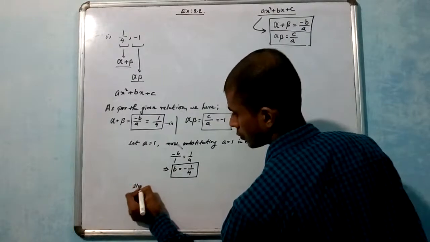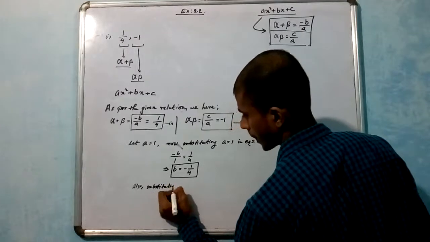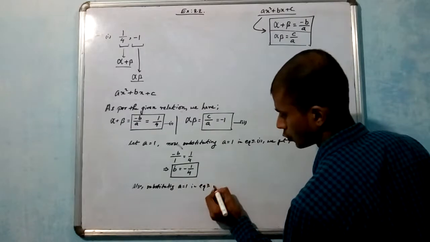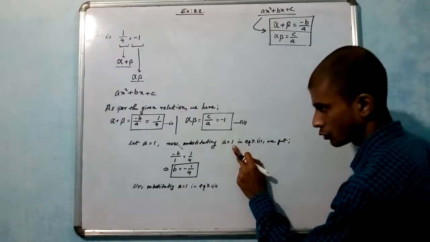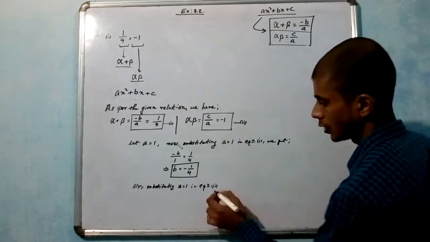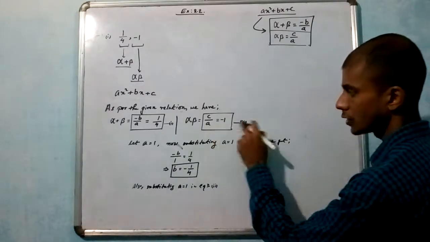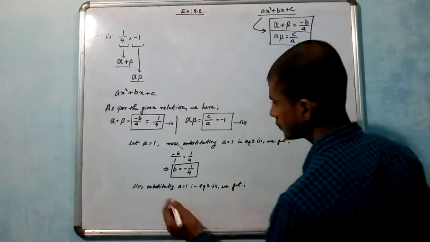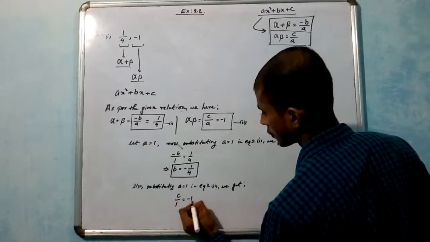Also substituting a is equal to 1 in equation 2. Now we want c. As per our assumption, a is equal to 1, we got b, this minus 1 by 4, and we want c. Okay, so c, how to get c? Substitute the a value, the assumed a value in equation 3. We get c by 1 is equal to minus 1.